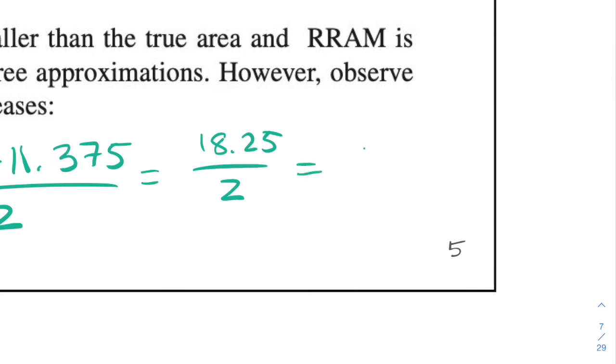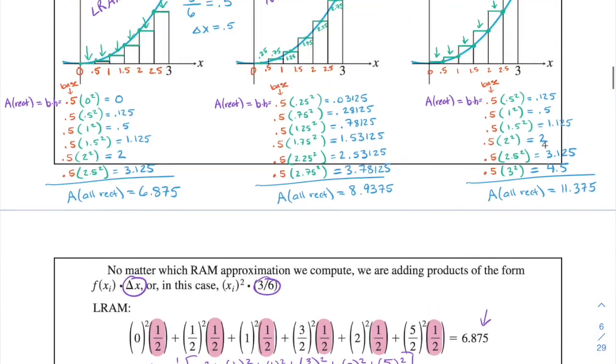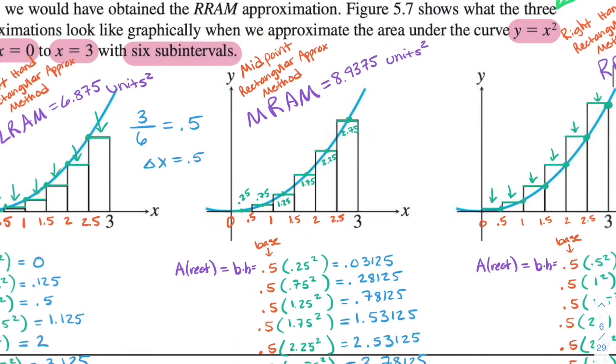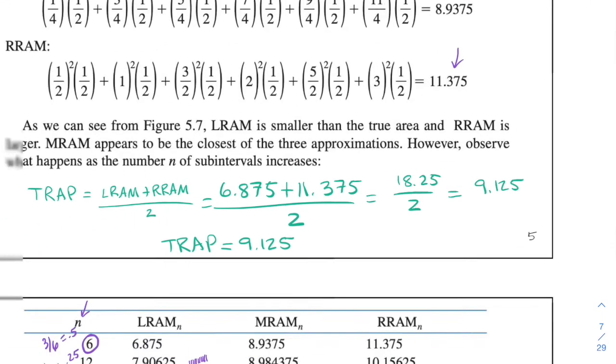And that gives us 9.125. So the trapezoid rule, the same example from above, would have given me just a little bit of an overestimate, a 9.125 estimate, okay?